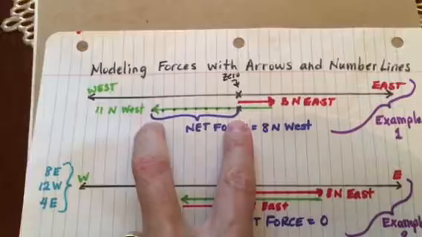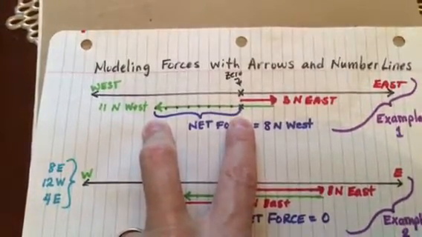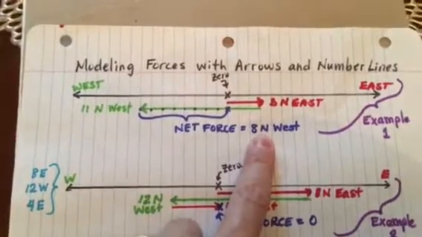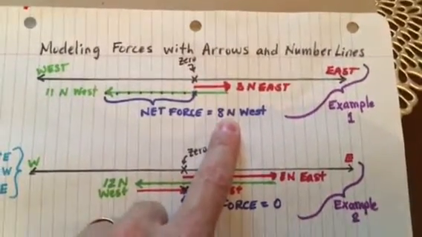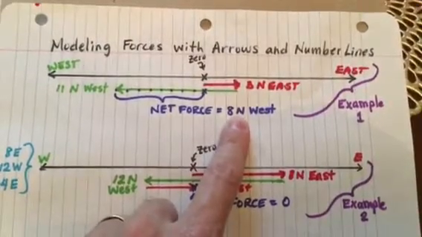Then the difference between the 0 point and the end of the 11 Newton arrow is 8 newtons to the west. So in example 1 marked here, the net force is 8 newtons to the west.